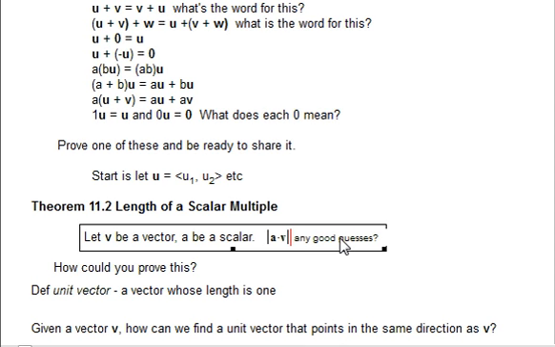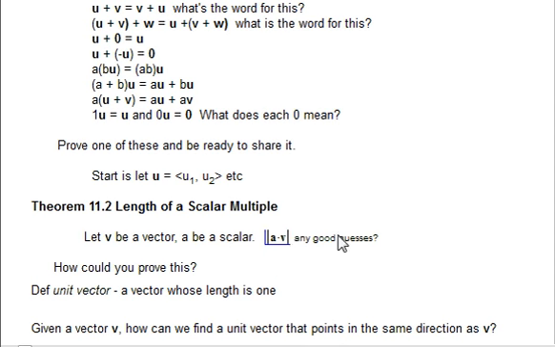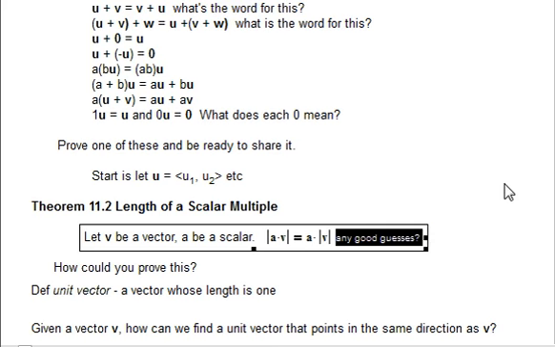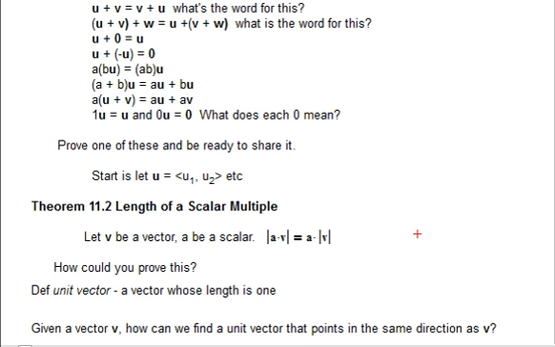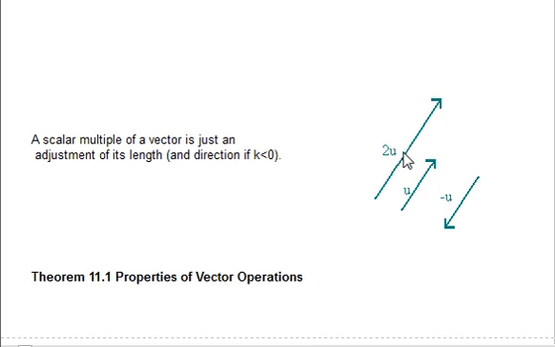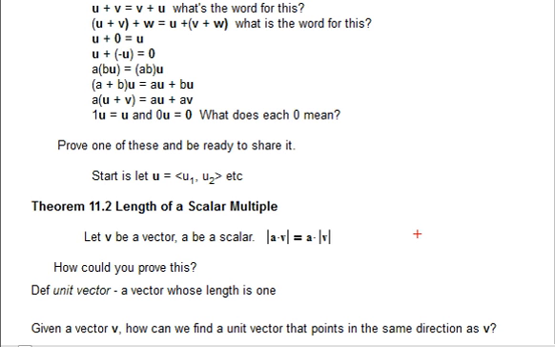Rats. Didn't think about that when I started typing this. But anyway, it would be a, the scalar, times the length of vector v. And that would be a very likely guess, right? In other words, the length of 2 times vector u is twice the length of vector u. Duh. So we could easily prove this.